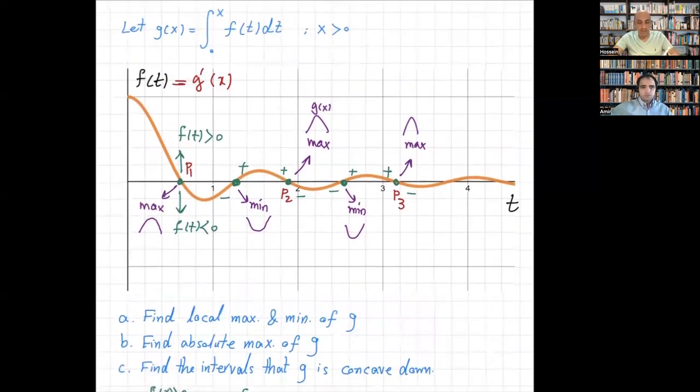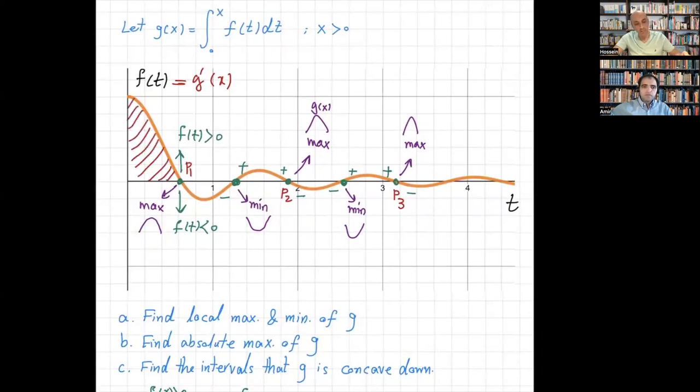As you can see on the first line, g of x is defined from 0, and for the upper limit of the integral, I want to use P1. So I'm going to calculate the area under the curve from 0 to P1, which is this area that I'm shading here.